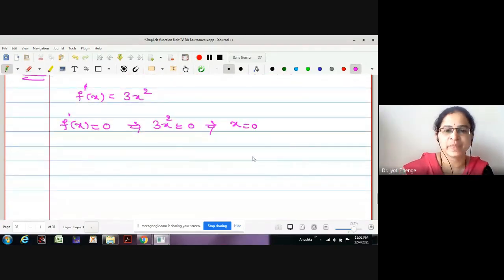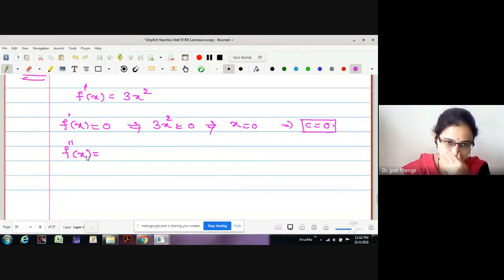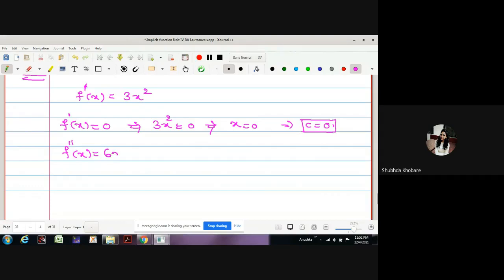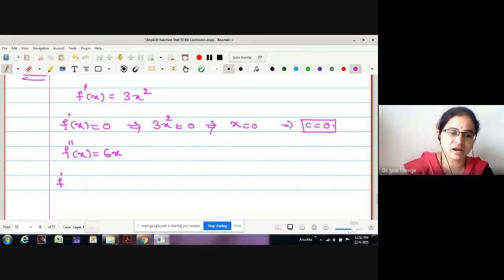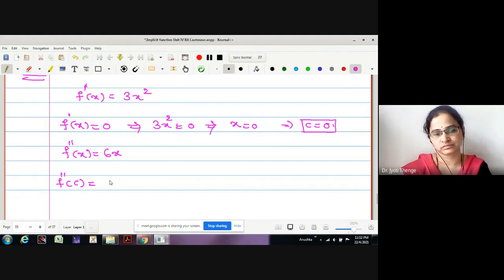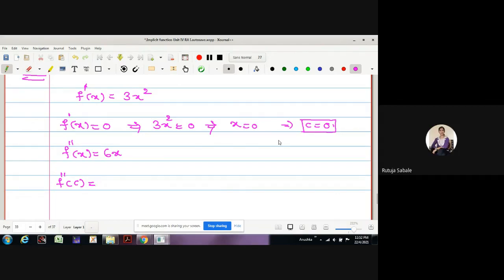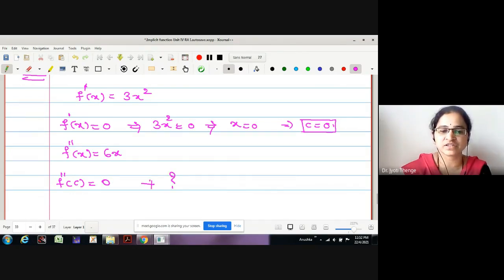Therefore, the point I will call as c. Now, let us find f''(x). What is f''(x)? 6x. What is the value of f''(c)? Put in c equal to 0. It is 0. What is the nature of the function then?